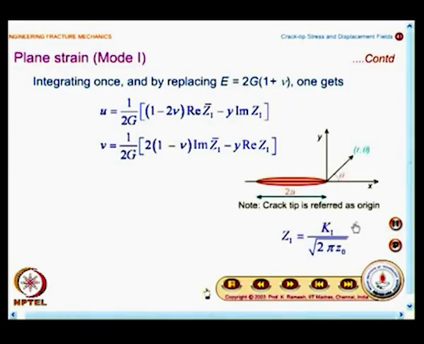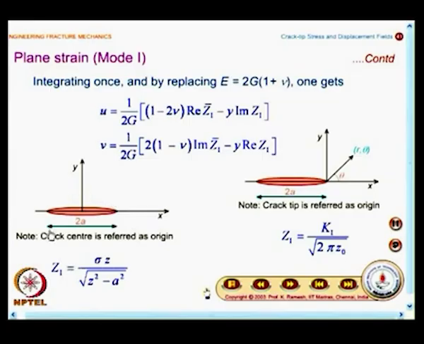And here again it is emphasized, since the expressions are still in terms of the stress function, also make a sketch, because this is very illustrative. You are taking the crack tip as the origin and the relevant stress function is given as Z1 equal to K1 by root of 2 pi z naught.